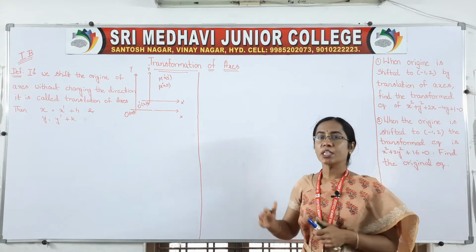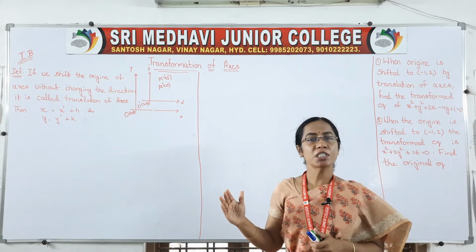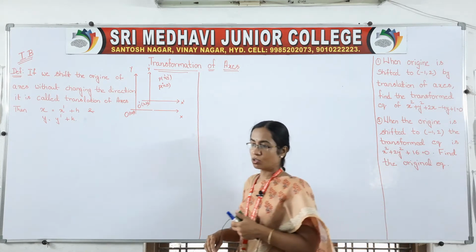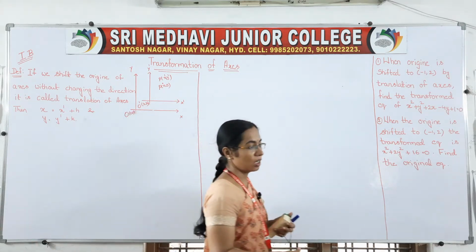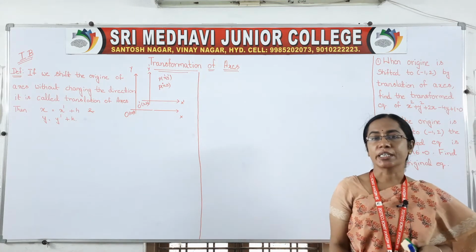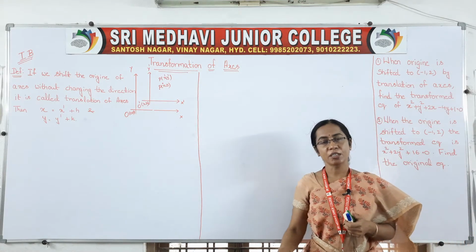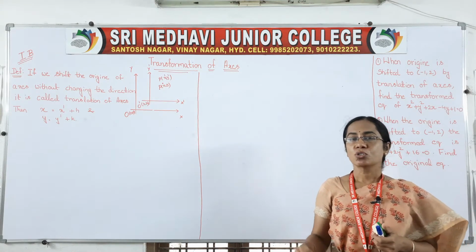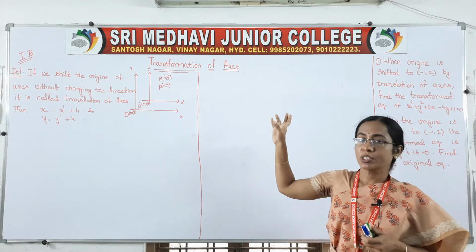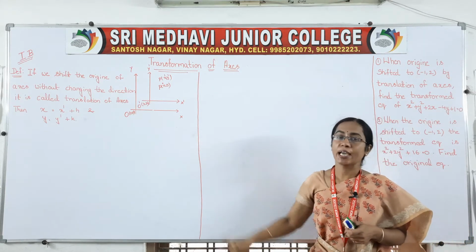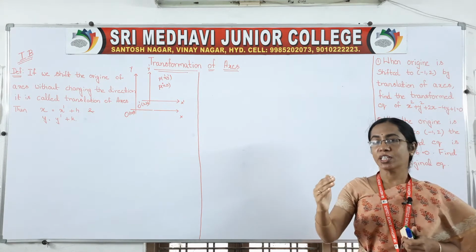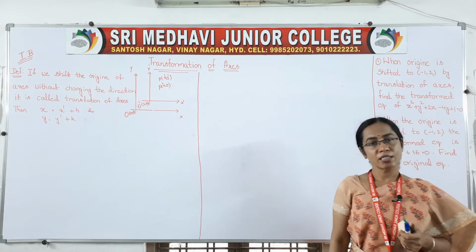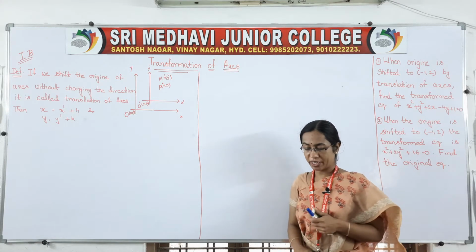What is the meaning of transformation? Transformation means change, right? Sometimes we say how transformed she is, how a lot of transformation came in her, like that. That means a change, right? So here we are doing the topic transformation of axis, that means change in the axis. Axis means coordinate axis, you know it very well.